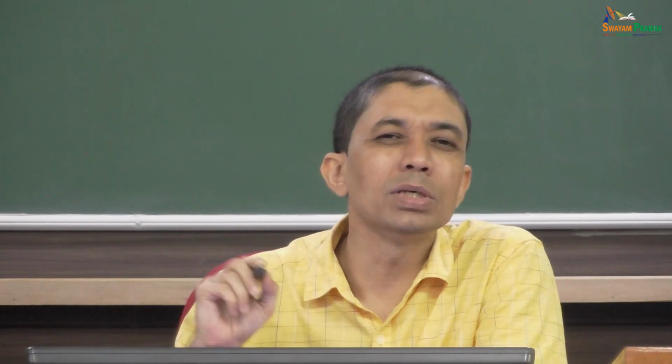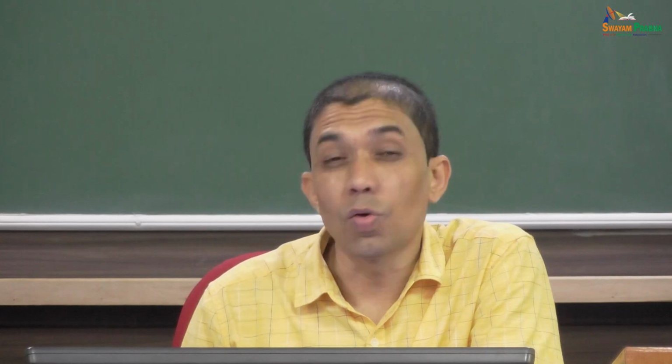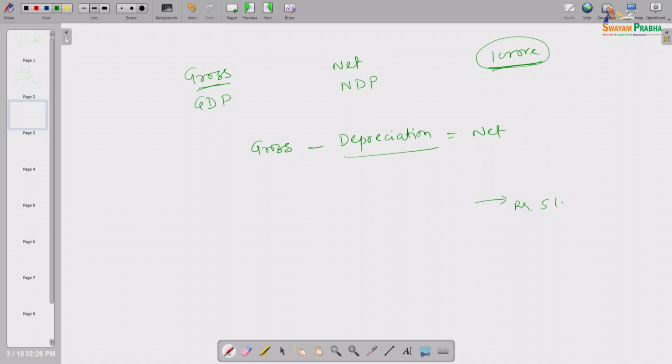So, what we have to do ideally to maintain good accounting is that every year we will keep aside, on an average, say rupees 5 lakh. What is the objective?